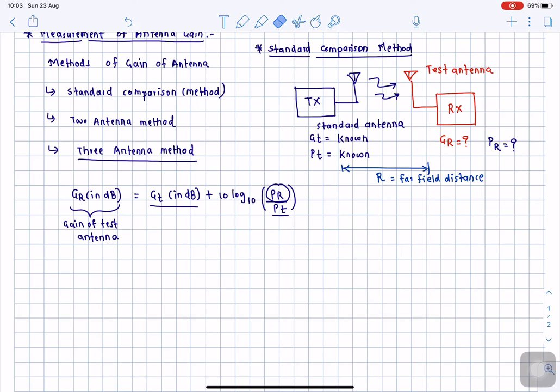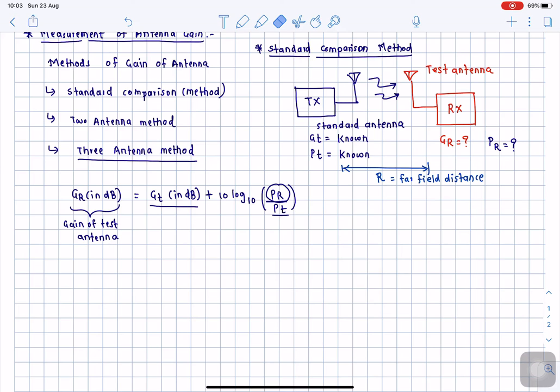So what is the difference between the standard comparison method and the two antenna method? In the two antenna method, the prototype antenna which we are using is the same antenna, that is the test antenna. The same antenna is used at the transmitter and the same antenna is used at the receiver.